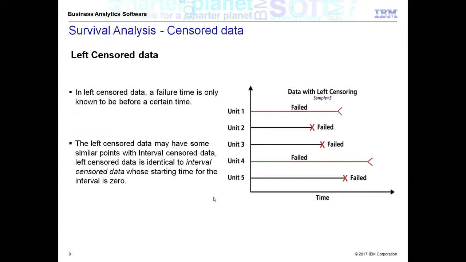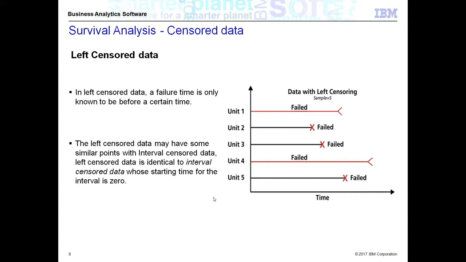I can take you to understand what left censored data is. In left censored data, a failure time is only known to be before a certain time. You have known what interval censored data is just now. I think it will be helpful for you to understand left censored data. Left censored data may have some similar points with interval censored data. Left censored data is identical to interval censored data whose starting time is 0.